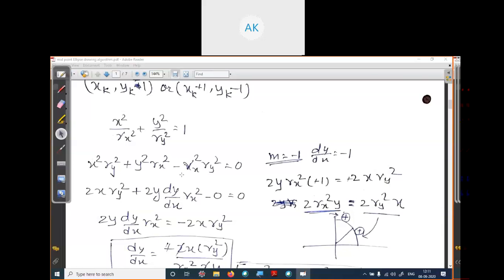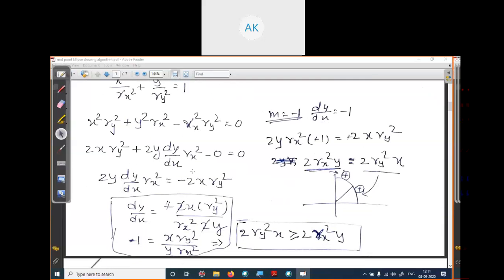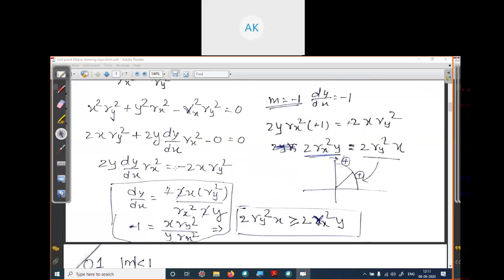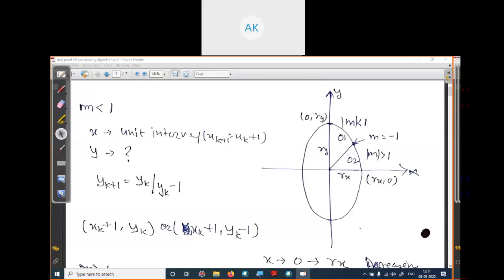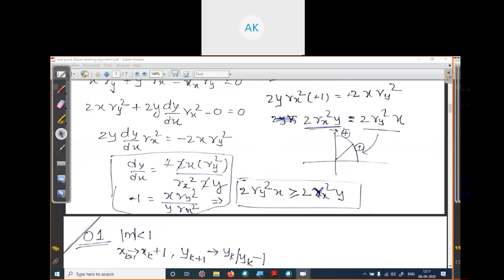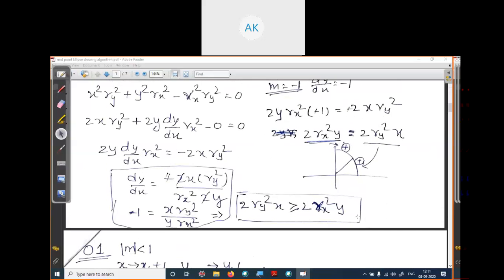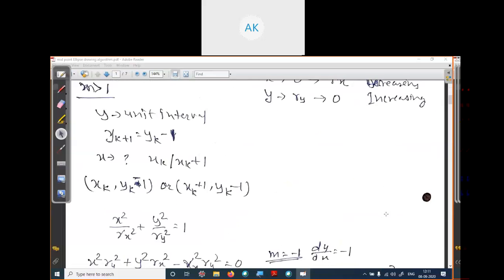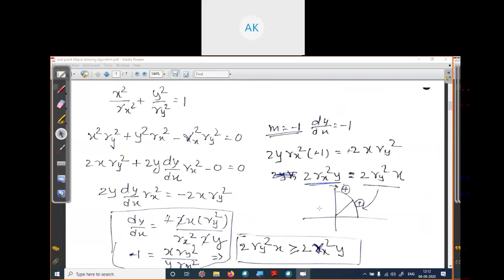Just simplify this equation, take the differentiation, and at the point where the region is dividing, dy/dx is -1. Just put dy/dx equals -1 in the equation to get the condition. This is the condition. At the dividing point, these are equal.